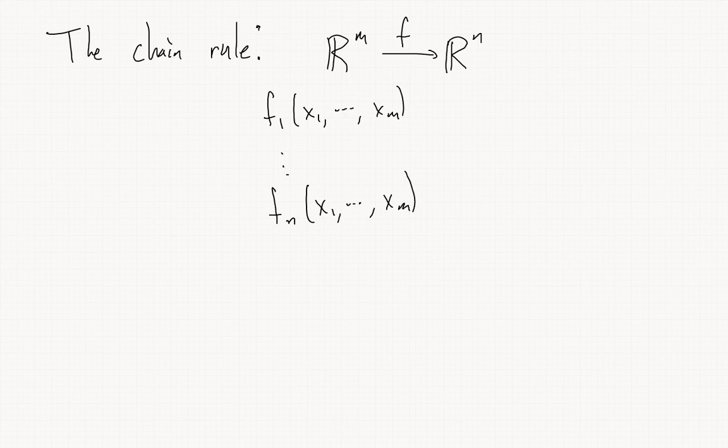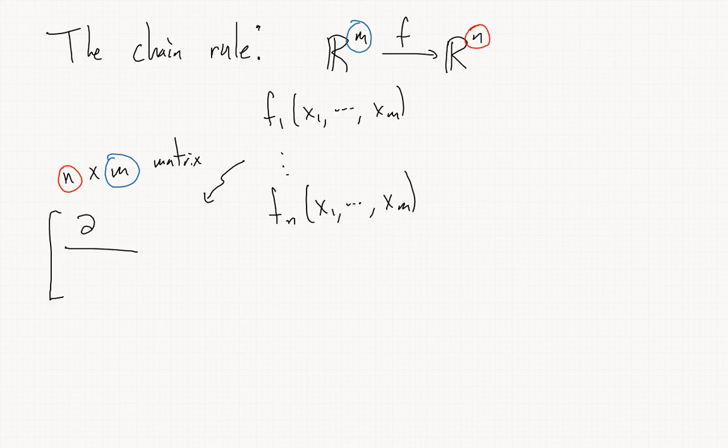Then to this we will get an n by m matrix. So beware, the codomain corresponds to the number of rows, and the domain corresponds to the number of columns.